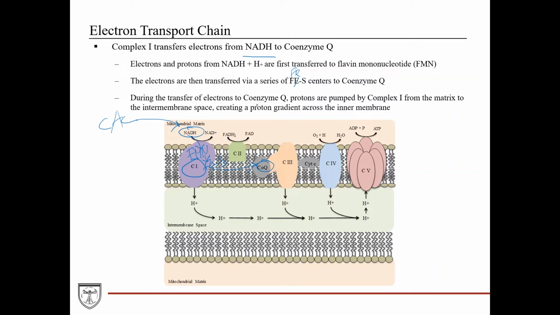During the transfer of electrons to coenzyme Q, protons are pumped from the mitochondrial matrix, across the inner membrane, where the complexes are embedded, into the intermembrane space. So this is one of those proteins that's contributing to generating this hydrogen gradient across the intermembrane.